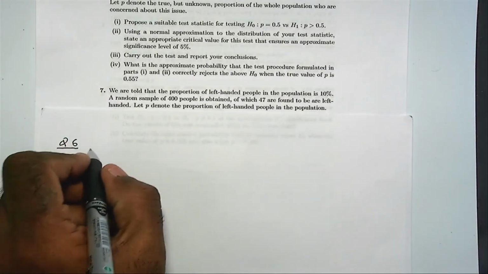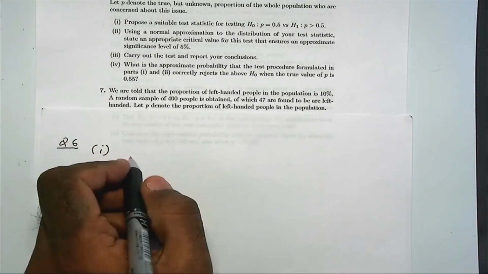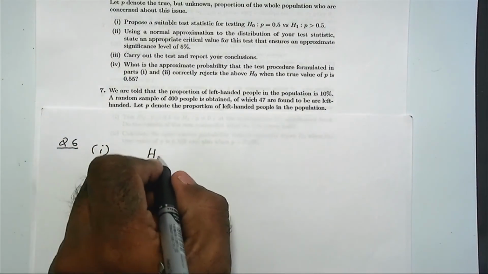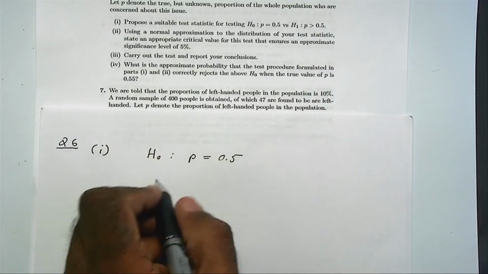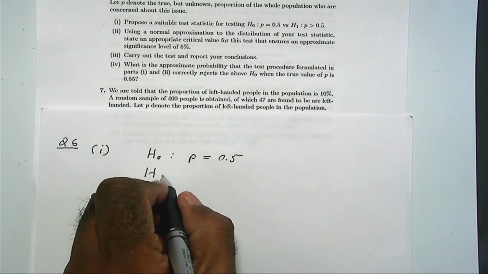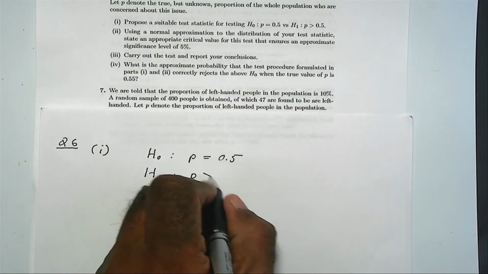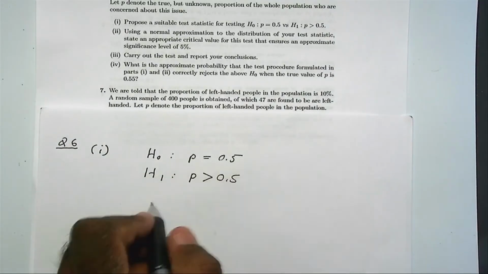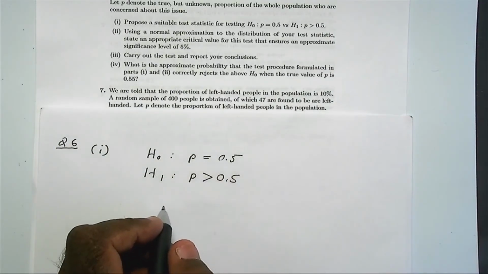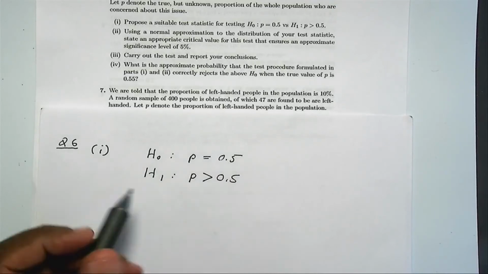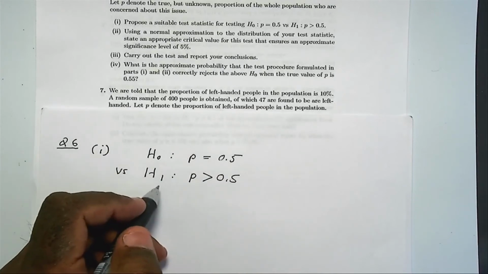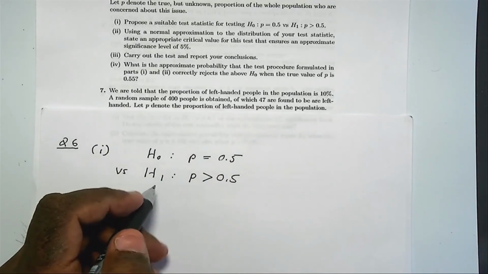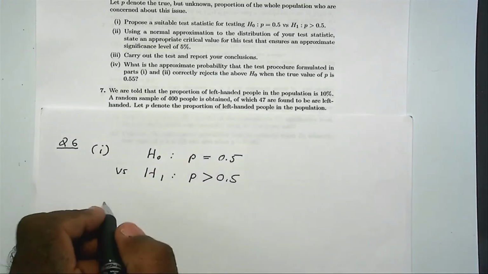Question 6, part 1. If you look at my video on one sample test, you will see that when you have hypotheses like this versus this, the test statistic to use is the following.